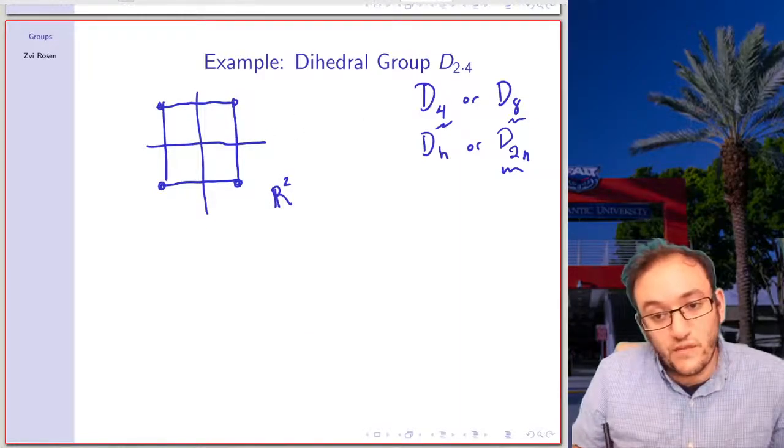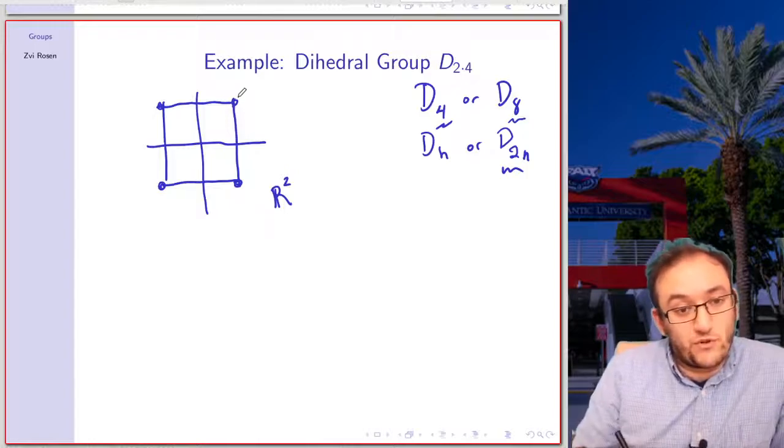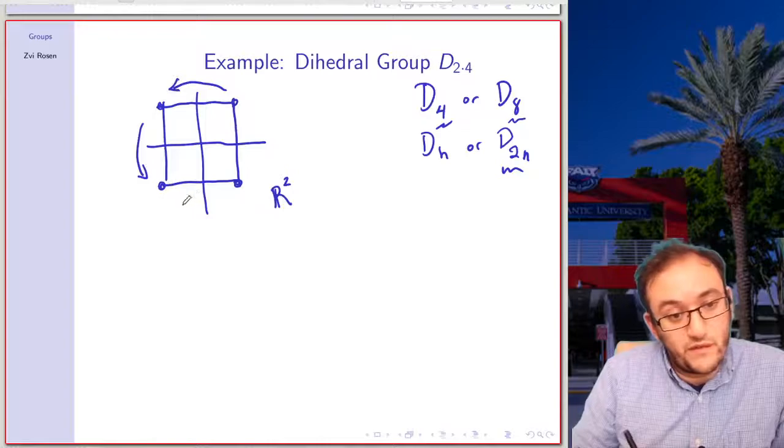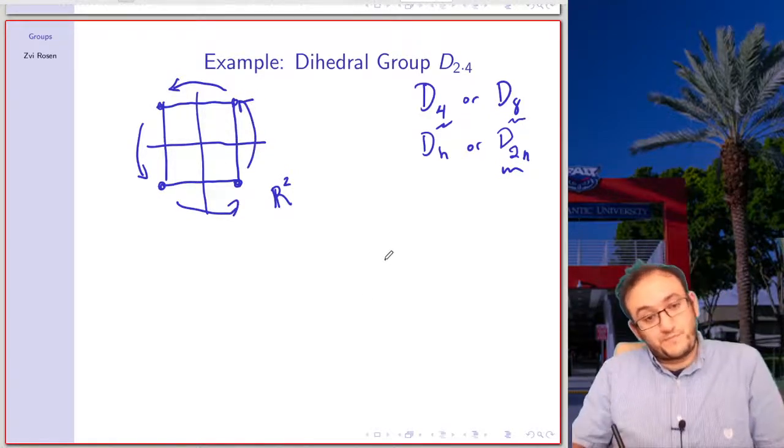So one thing that we can do is we can rotate the square. Okay? If we do that, then each vertex goes to its neighbor.